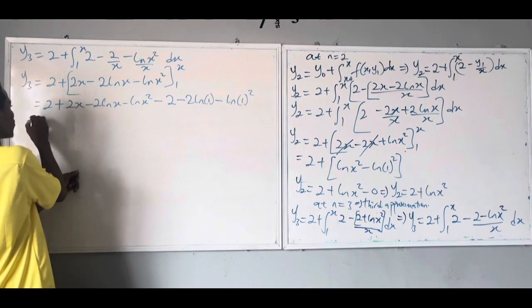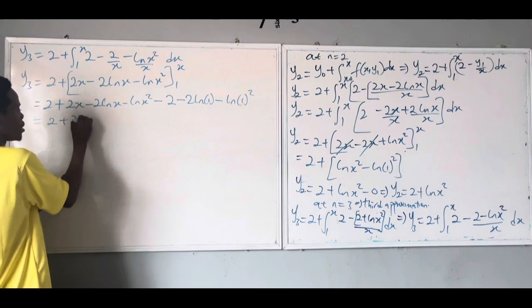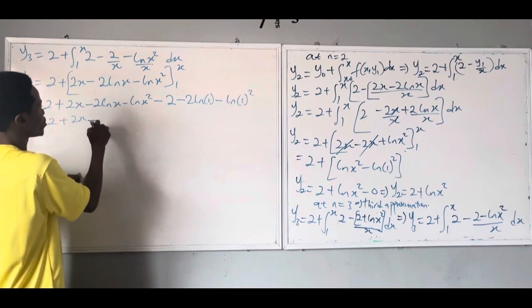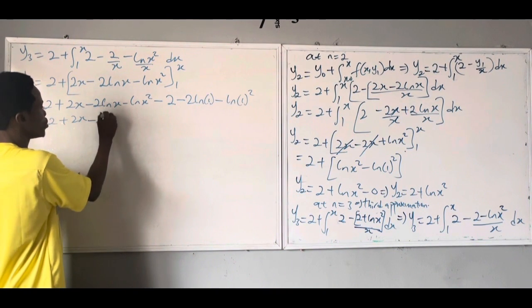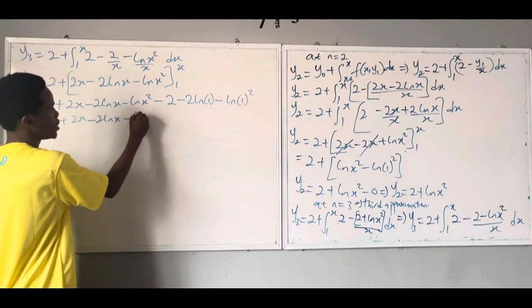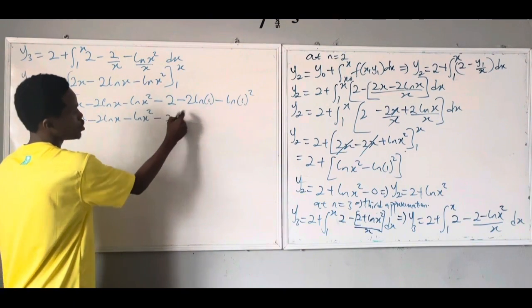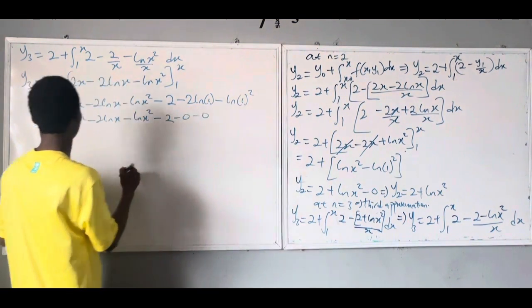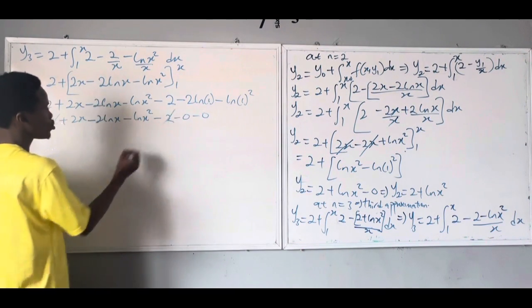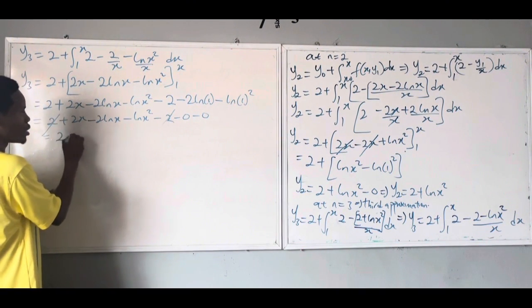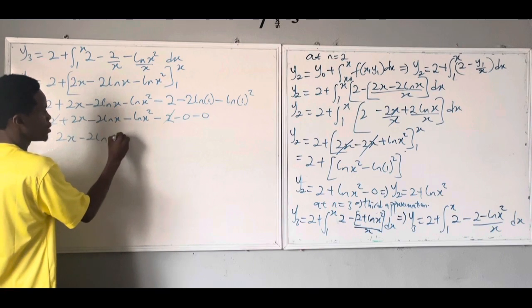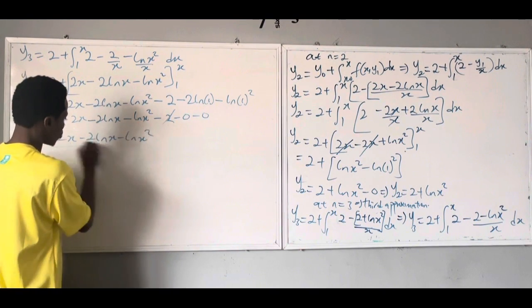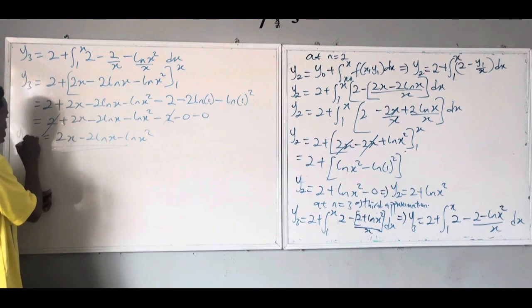Ln 1 is 0, this is 0, minus 0 minus 0. So this is 2, this is going to cancel this. So I'm going to have 2x minus 2 ln x minus ln x square. So this is the final answer for the third approximation.